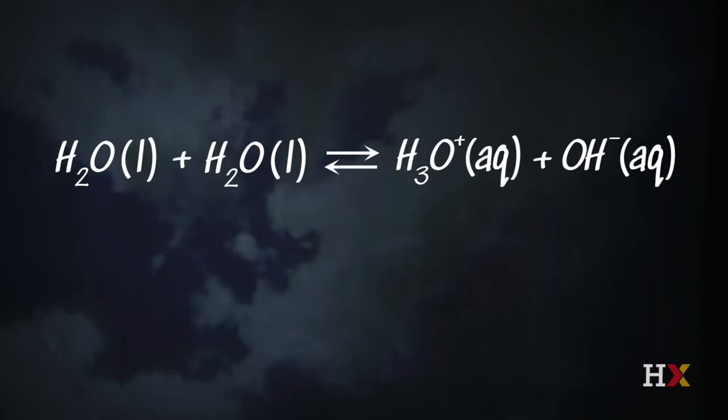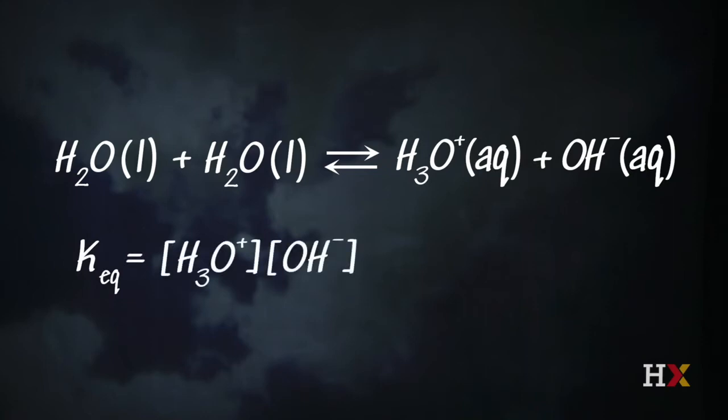equilibrium, and we know exactly how to write that equilibrium constant. We can write this as the product of the concentrations of the products divided by the concentration of the reactants, except that we notice something very interesting, and that is we have pure water on the left-hand side and H3O+ and OH- on the right-hand side.